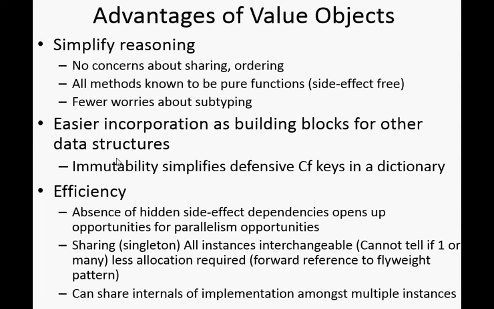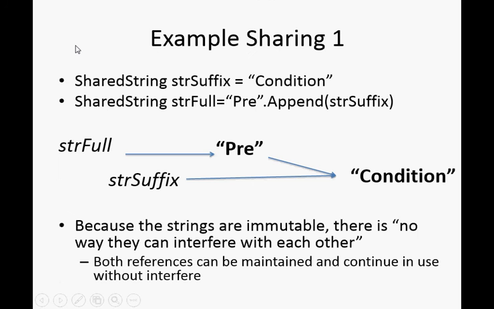If you're building things out of mutable objects, you have to go through various contortions to lower the risks. So if you're building an object in a library and you want it to be used, often having an immutable object will allow people to build things out of your object more readily. And then there are some efficiency benefits, particularly having to do with the sharing aspects and parallelism.